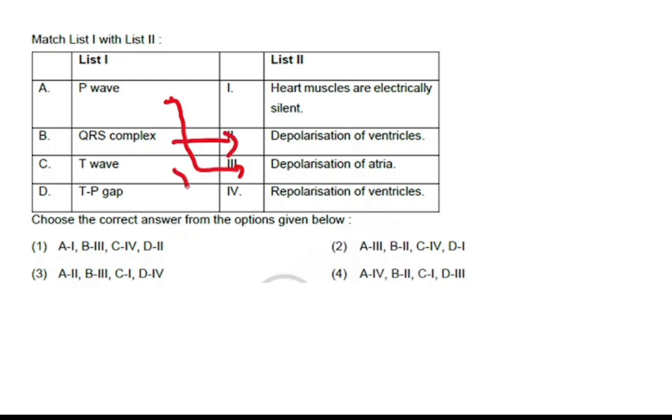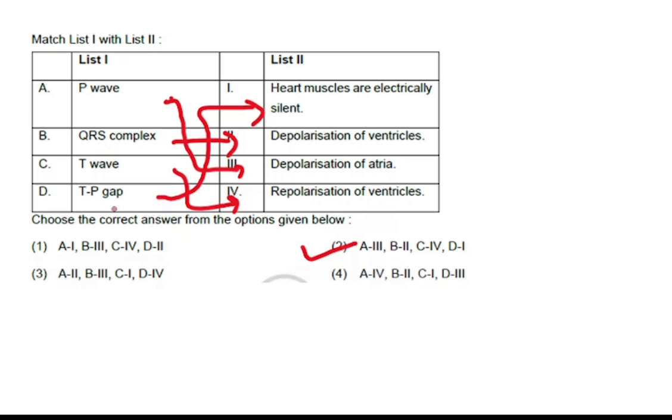T wave is repolarization of ventricle, and TP gap is when the heart muscles are electrically silent. So the correct option will be A3, B2, C4, D1.